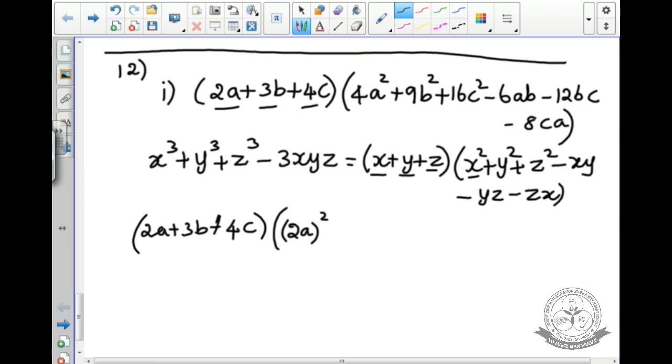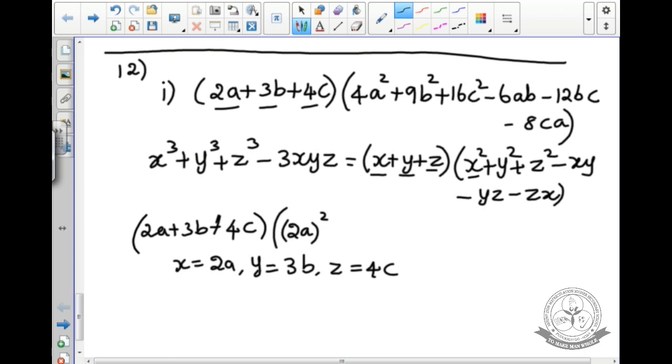So x square means I can write here x is equal to 2a, y is equal to 3b, and z is equal to 4c.